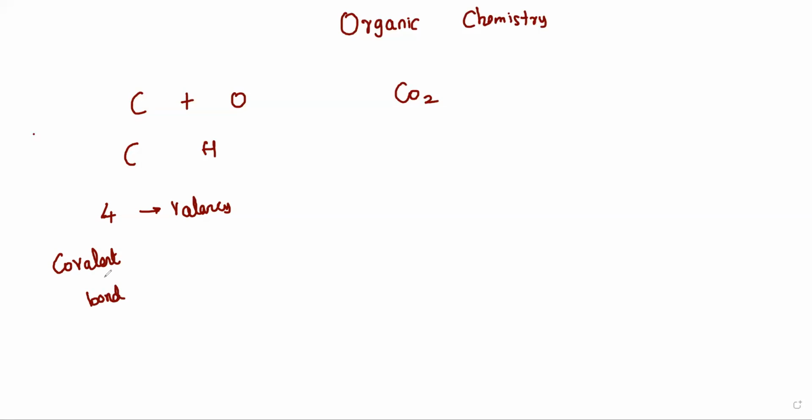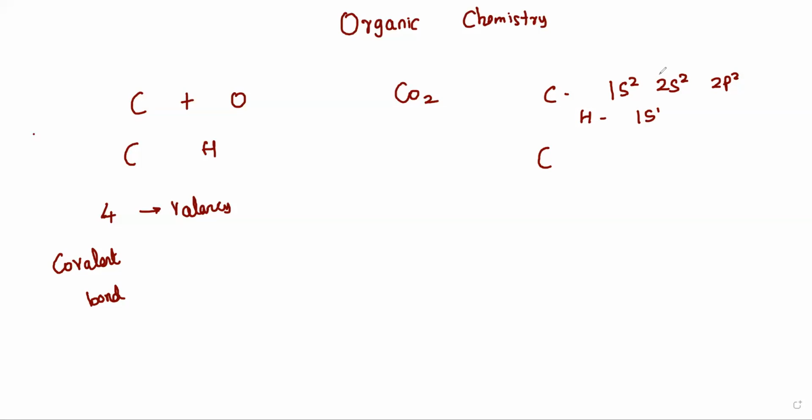Covalent bond means, for example, carbon has 1s2, 2s2, 2p2, and hydrogen is only 1s1.